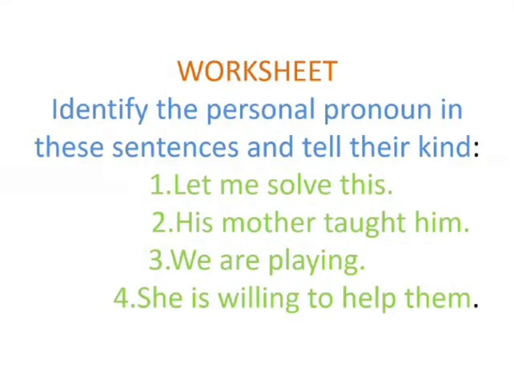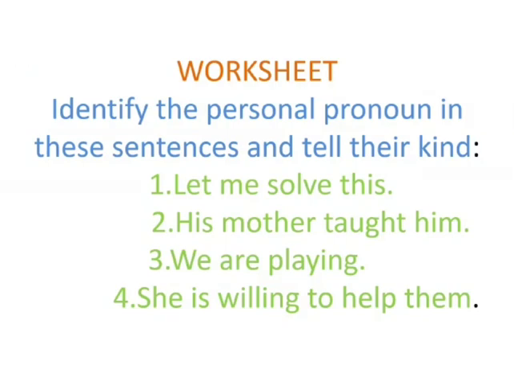Let us now do a worksheet based on subject and object pronoun. You have to identify the personal pronoun, then you need to tell the kind also. First sentence, let me solve this.